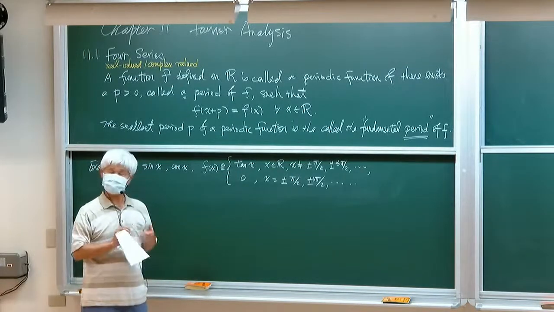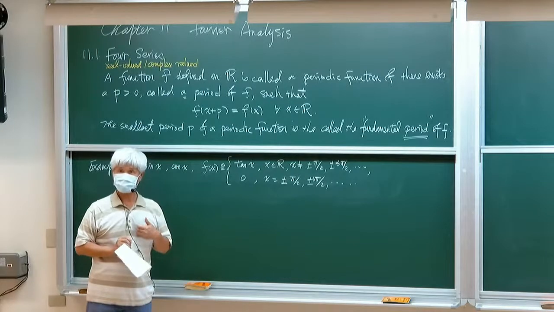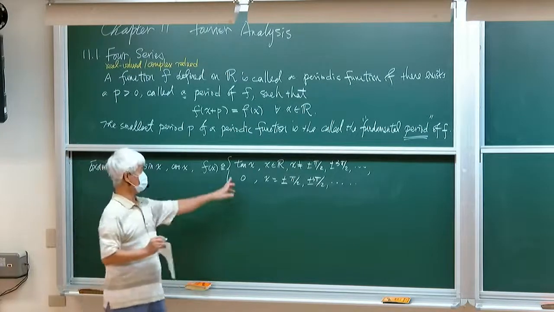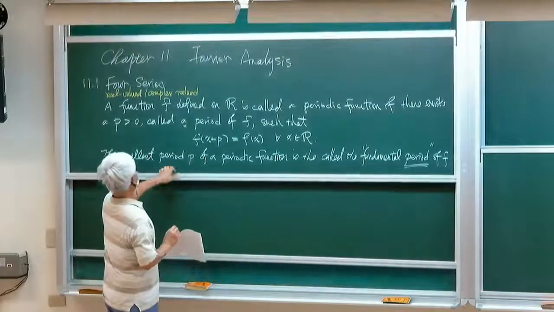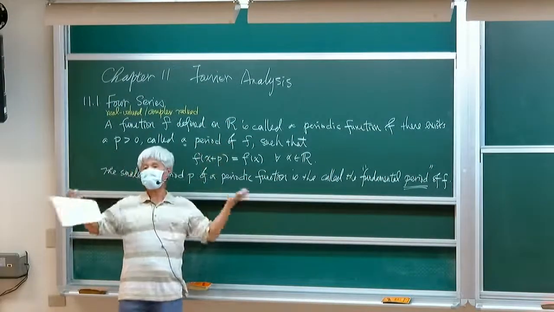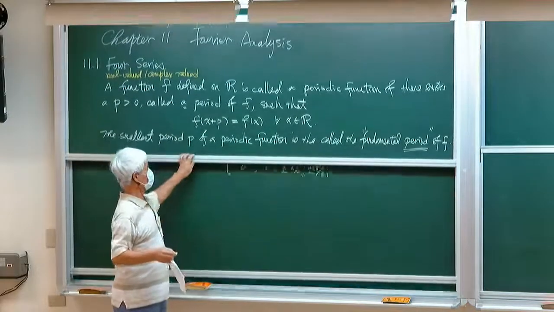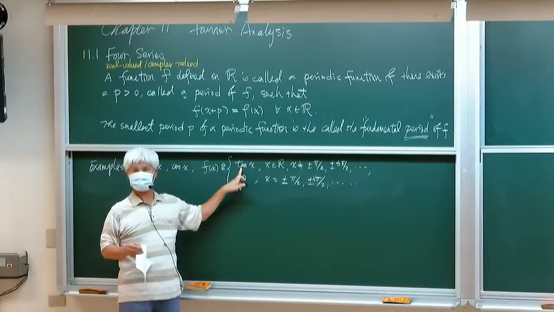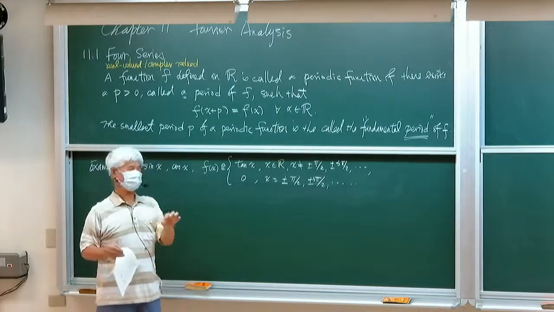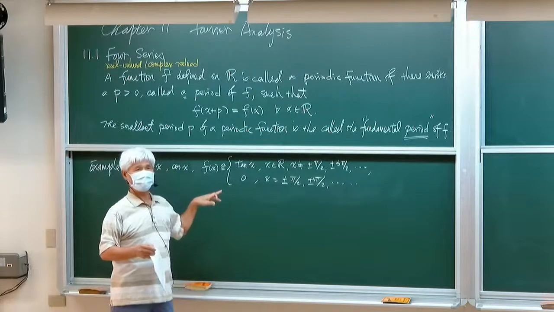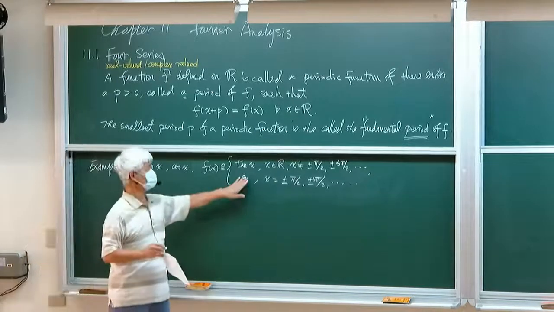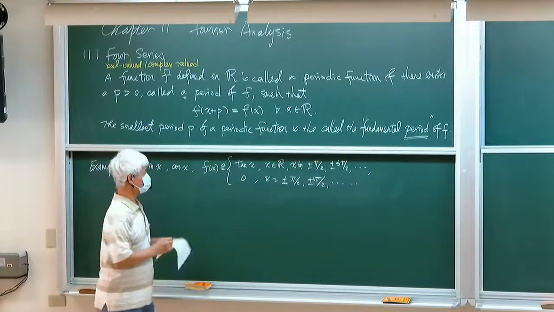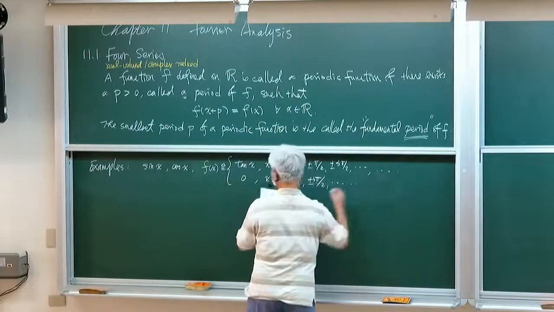The reason is that the tangent function has a domain which is not equal to R. Why? Because it's not defined at these discrete points, and I say I will focus on functions defined on the whole real line. So I have to amend this function. So I put zeros deliberately at every point where the tangent function is not defined.